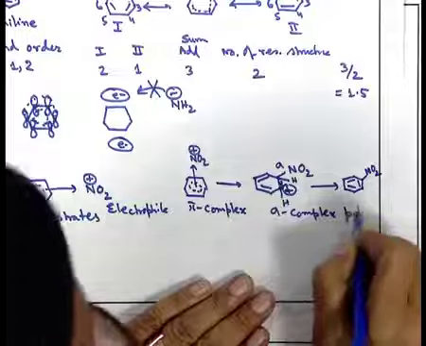Then I will get a sigma complex where the direct carbon nitrogen bond is formed. There is a carbocation on the next carbon, and then by the loss of the proton, the aromaticity is regained and the substrate is converted to the product.